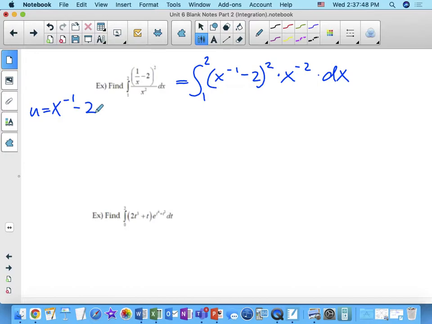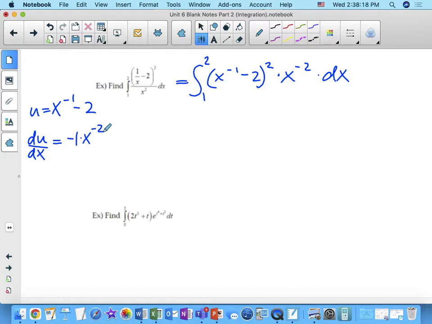Okay? Now, if this is our u, our du by dx is going to be the derivative of x to the -1, which is, we bring this in front, so -1 times x to the -2. Well, that's nice, because here's our x to the -2. And then, of course, the derivative of -2 is just 0.